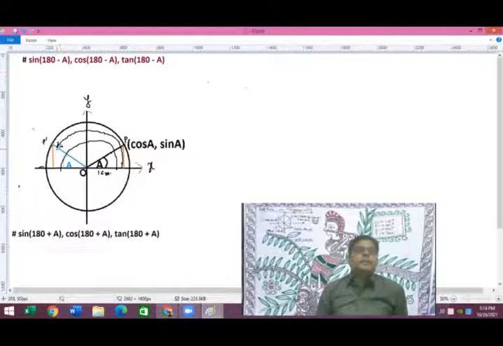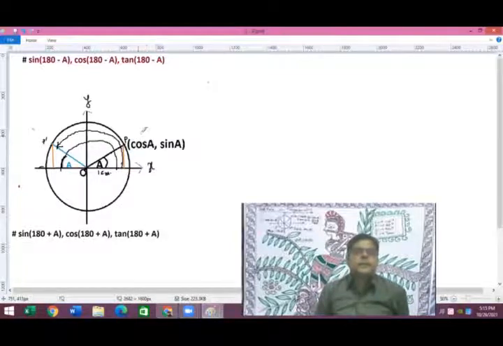That means it is still in the second quadrant. So this angle is here. So we relate the angle A in the first quadrant to the second quadrant by taking an angle difference over here. Alright. So in this case, let's consider this angle.